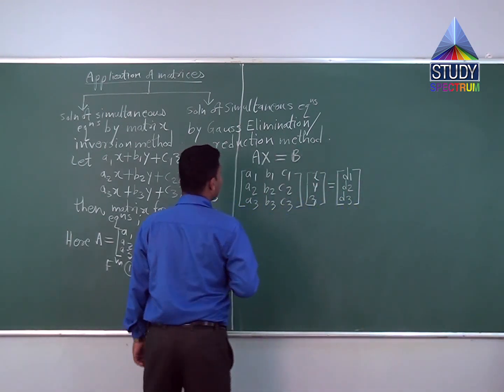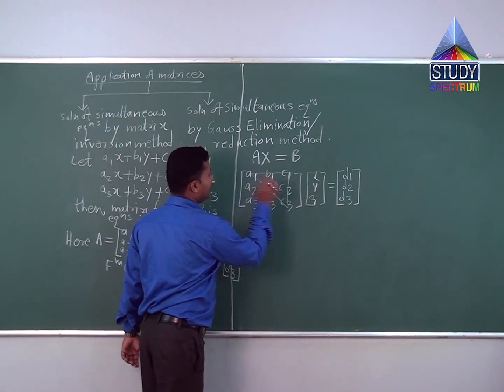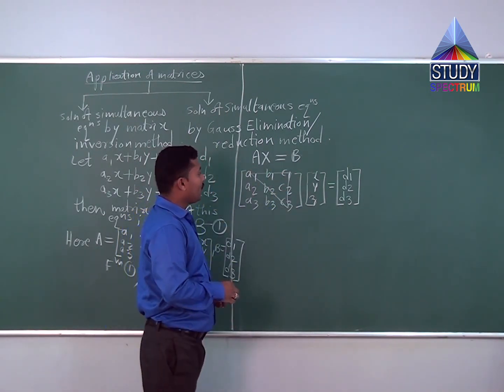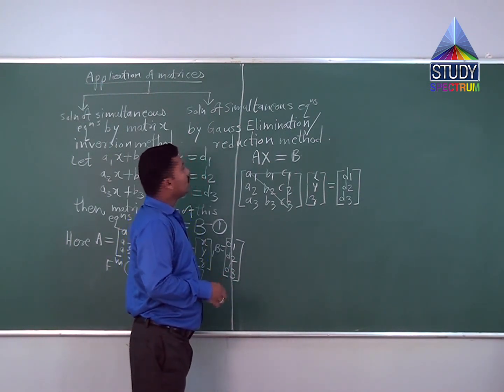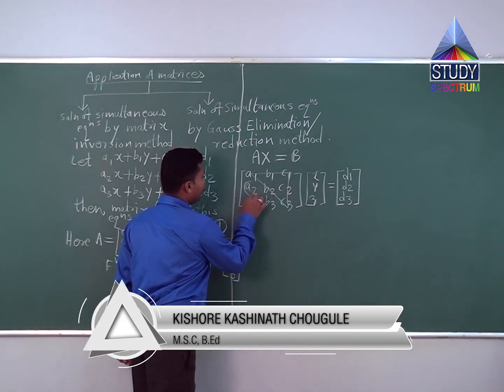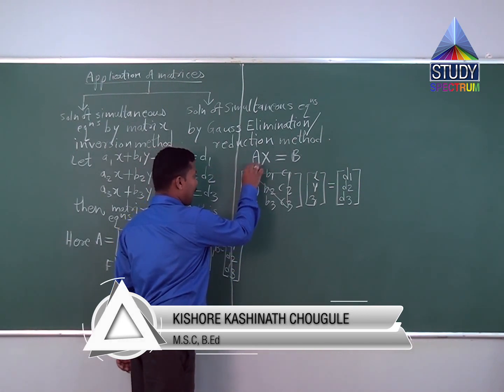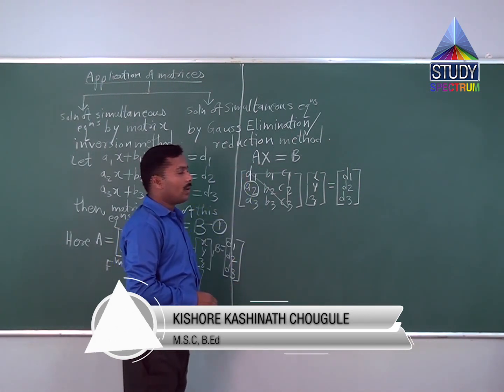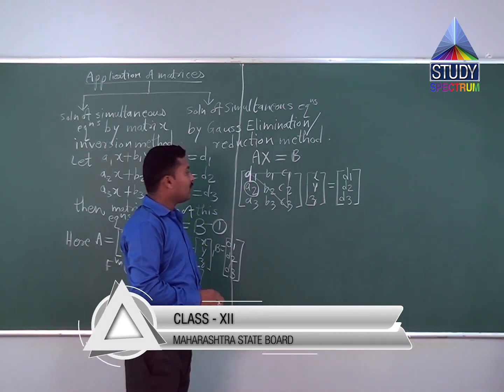Gauss elimination method means make this an upper triangular matrix by using the reduction method. Make this number 0 by using this number as 1, that means make A1 as 1.